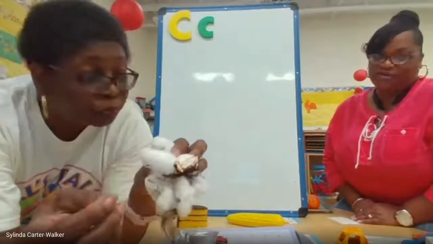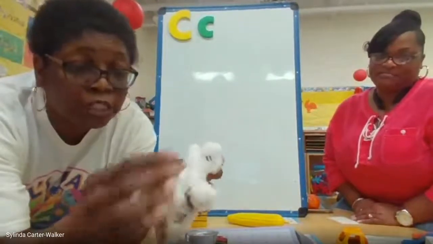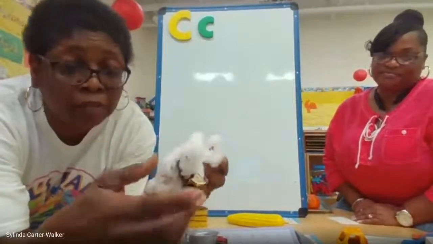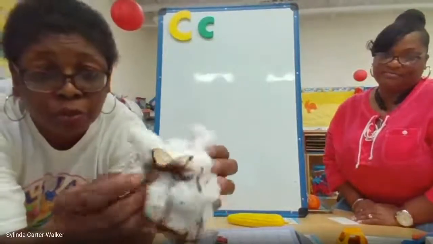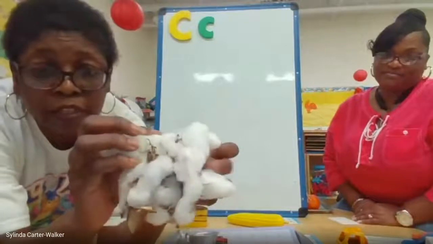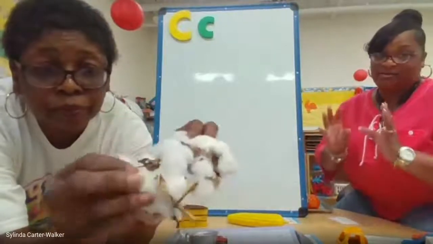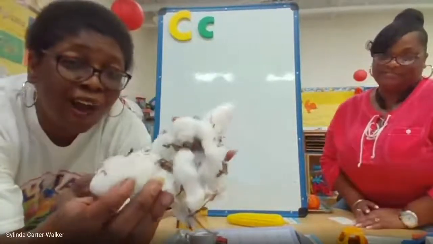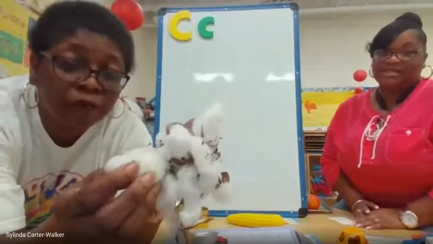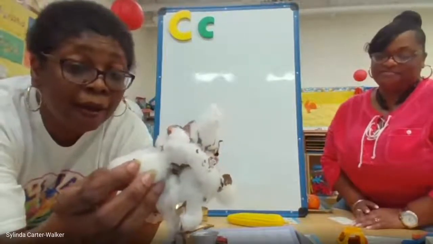Right, that is how it looks. Because when we see it in the store, it's nice, fluffy, and white. But when you look at this, you see all of the brown that's in this. These are the pods that it comes out of.